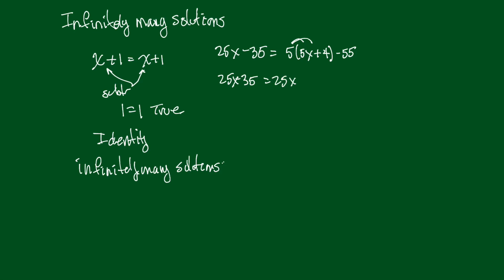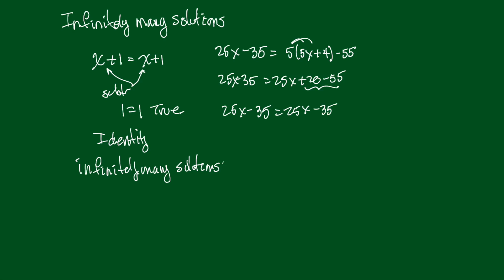Maybe you can get an idea now. 5 times 4 is 20, minus 55. Now, on the right side, left side is cleaned up. We can't do much there. But over here we can. Let's rewrite it. 25x minus 35 equals 25x. Now, 20 minus 55 is minus 35.